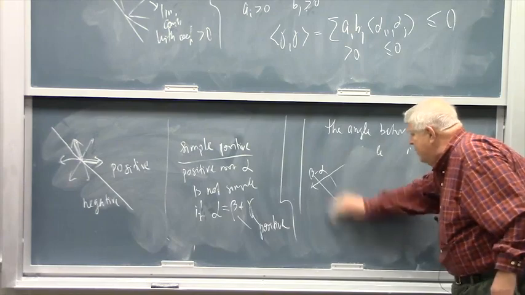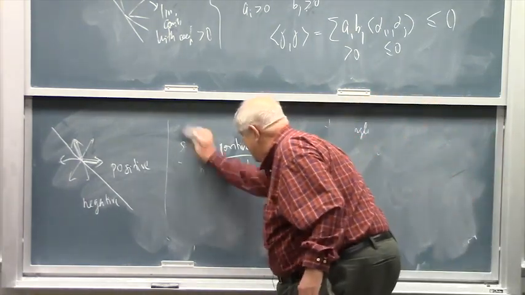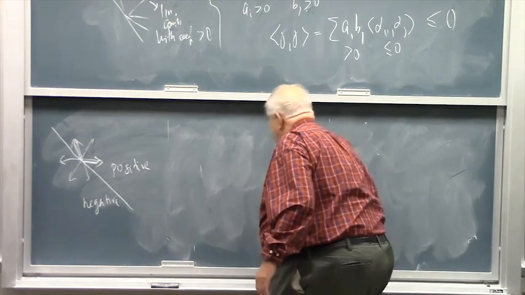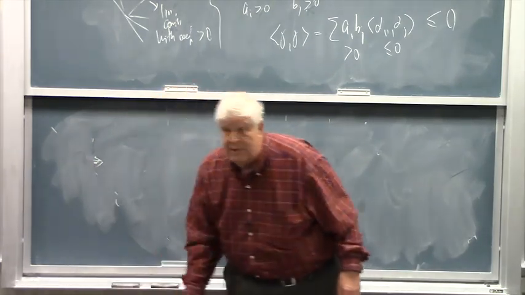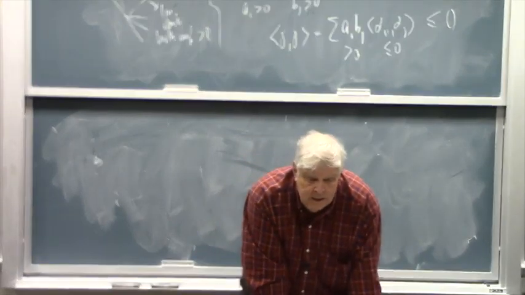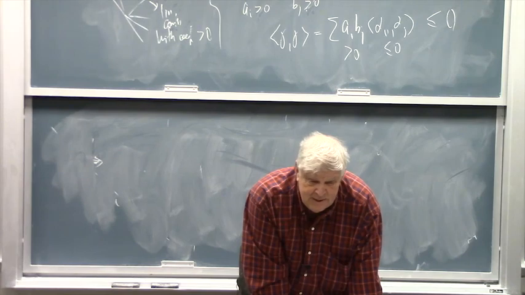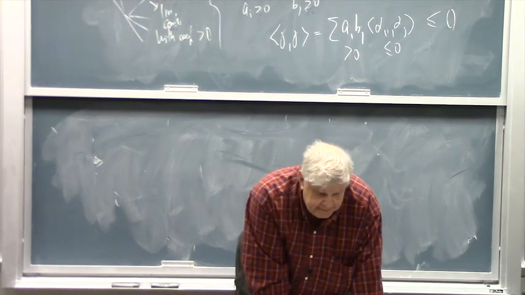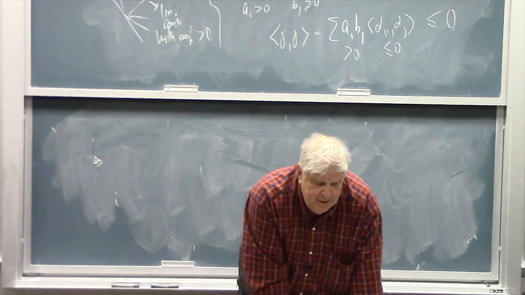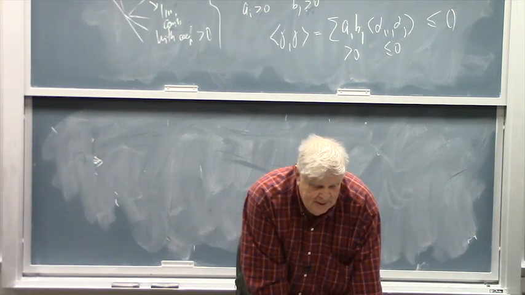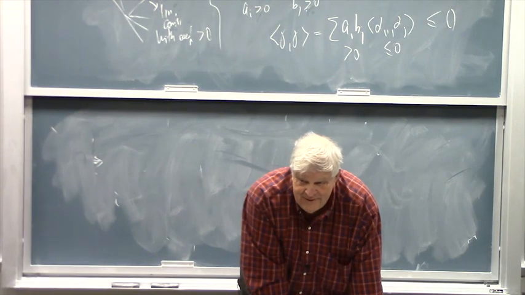This means that the number of simple positive roots is equal to the dimension of H, the rank of our Lie algebra, which is also denoted as R. Very interesting.